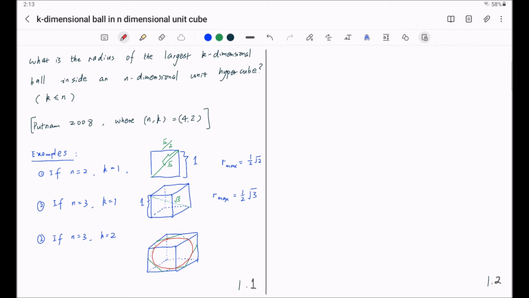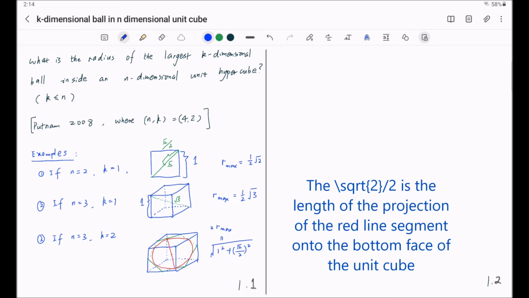And now what is the radius of this? To find the radius, we first find the diameter for this two-dimensional disk. This diameter can be computed through the Pythagorean theorem. In this case, the diameter will be the square root of 1 squared plus square root of 2 divided by 2 squared.